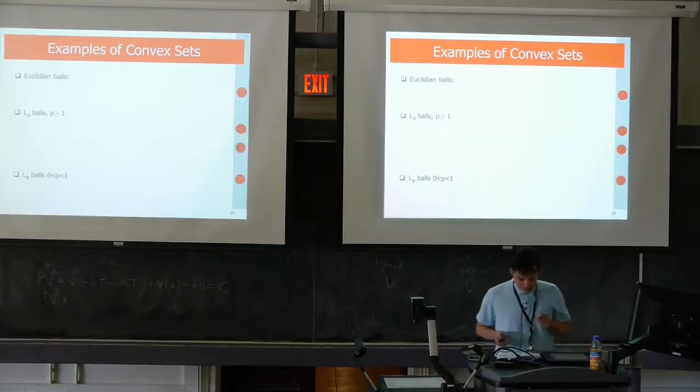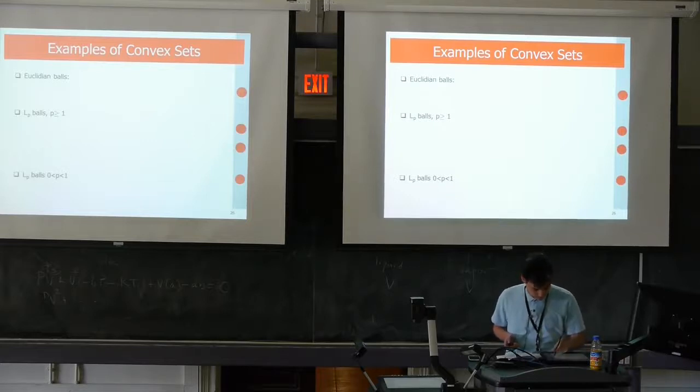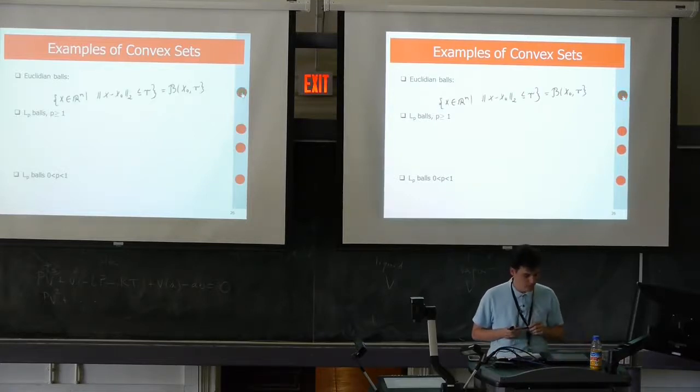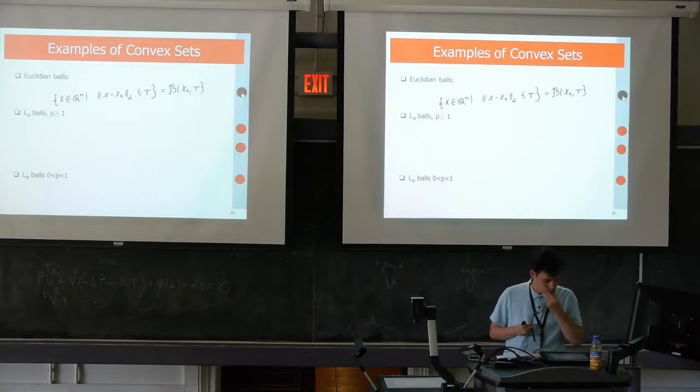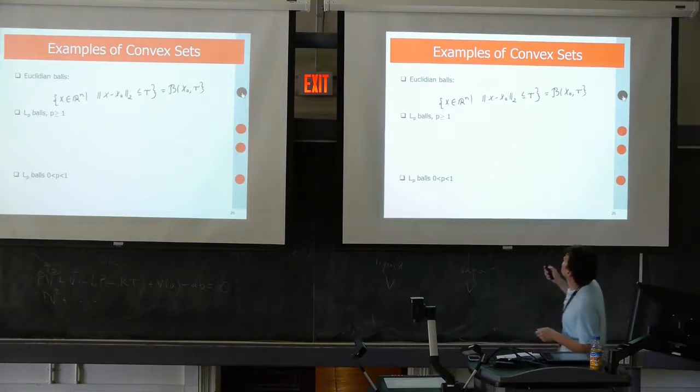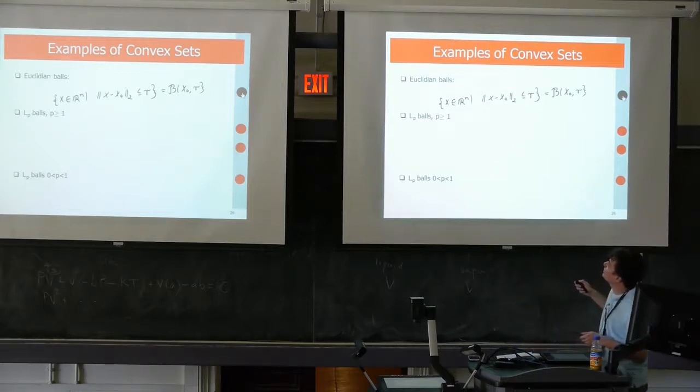Okay, other important convex sets are Euclidean balls. So we define the Euclidean ball with radius r with this equation: those x points in the n-dimensional Euclidean space.